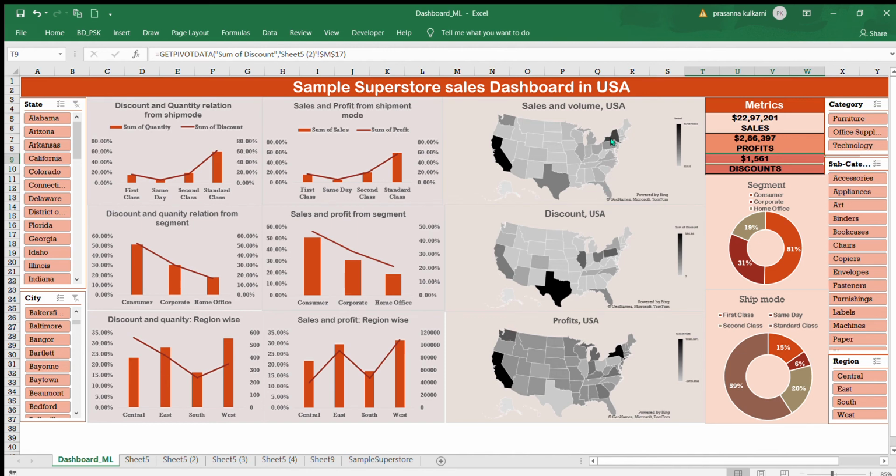We can introduce those strategies there also. Even in New York, the sales have been very good. Look at the discounts given in New York, that is very minimal, even minimal compared to California too. What is offered to California, and the profits are huge, skyrocketing. We can implement these strategies in Texas also, which can be very helpful for the superstore's business.